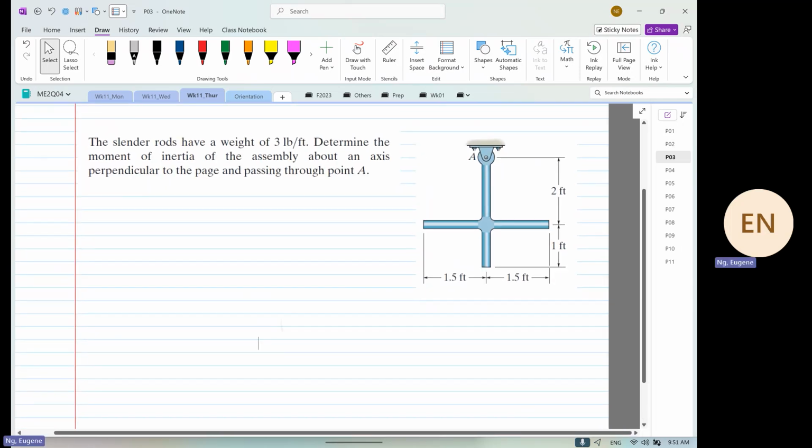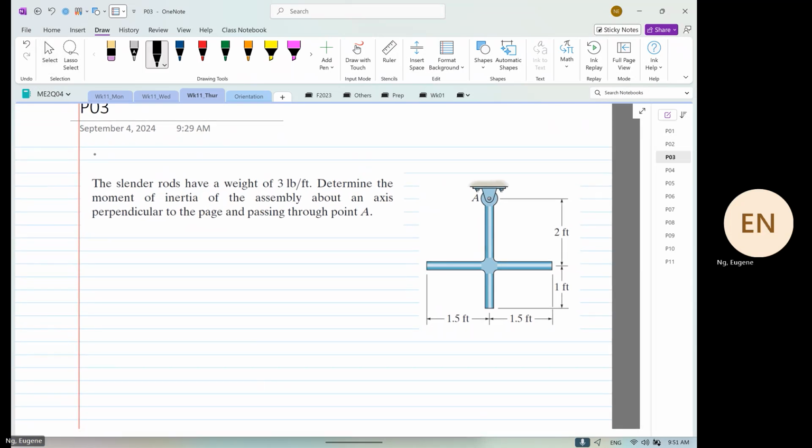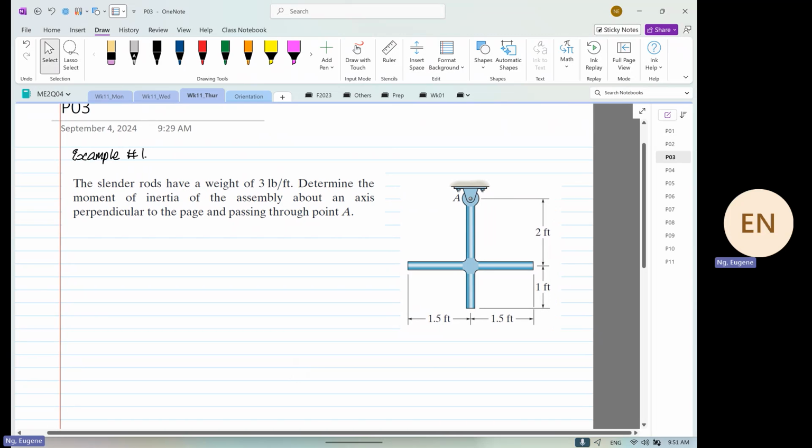Okay, example number 1. It states that the slender rod has a weight of 3 pounds per feet.